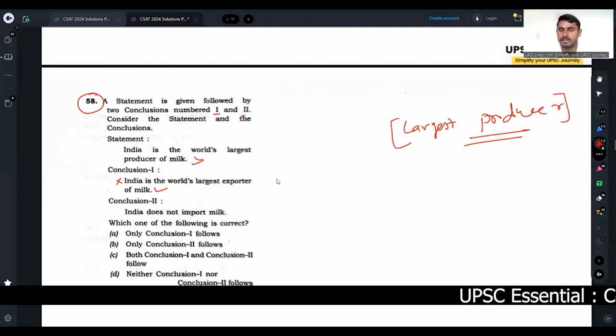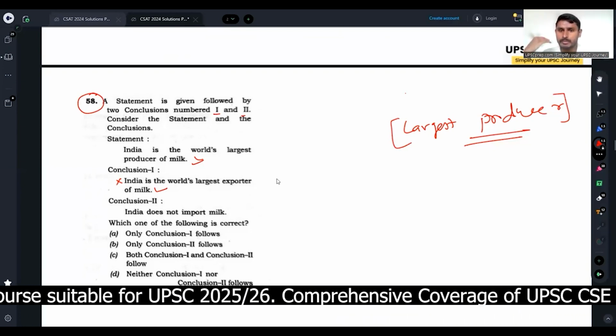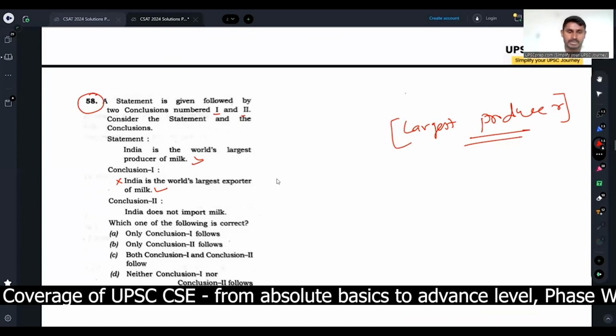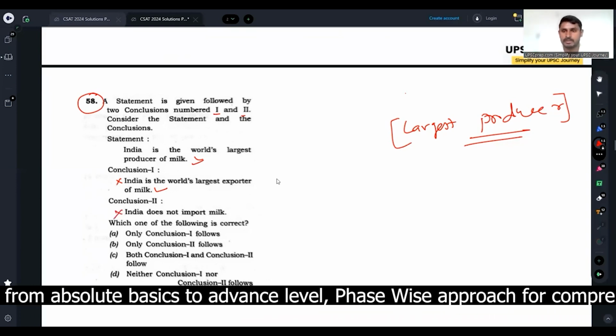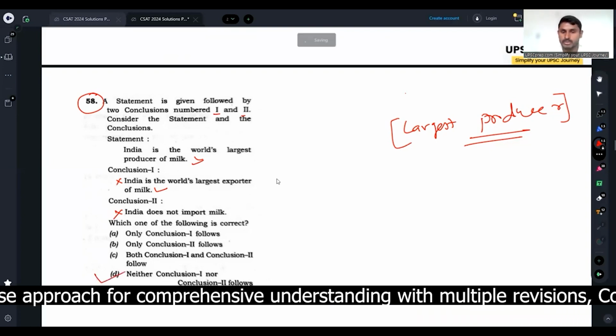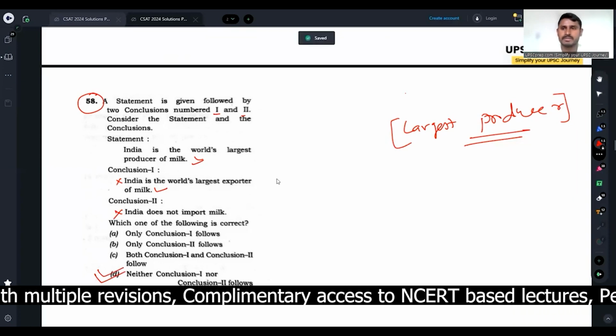If the amount of milk we consume is not the same as the milk we produce, then we will have to import milk. So this is also a possibility, right? So this statement may be wrong again, not 100% true. So neither conclusion one follows nor conclusion two follows. So option D will be the correct answer. Easy question, totally.